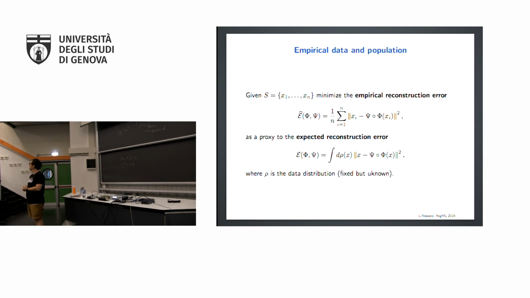For example, identity and identity. You just copy the data. You have the data, you copy them. You do nothing. You don't even have to look at the data to do this, you just have to check the dimension of the data, and the error is going to be how much? 0.